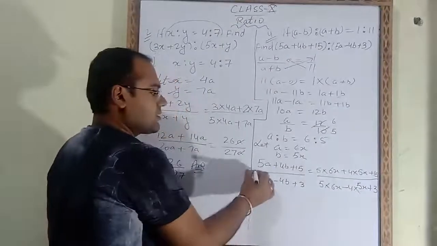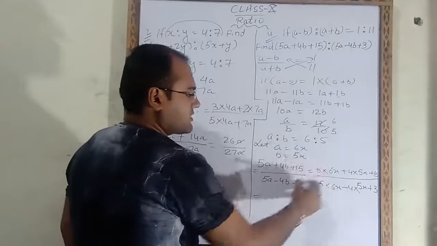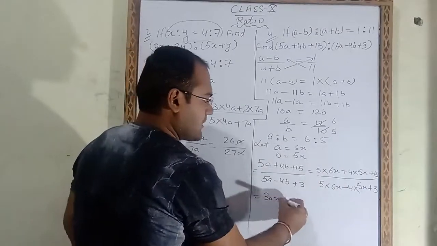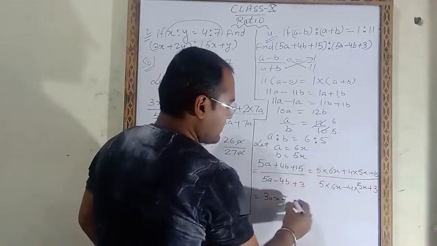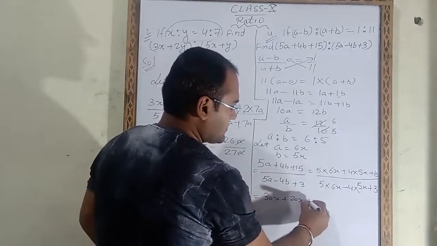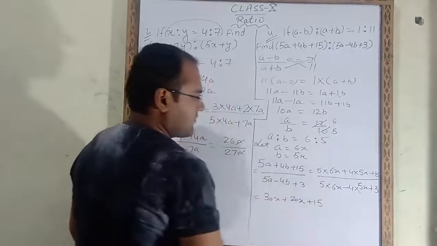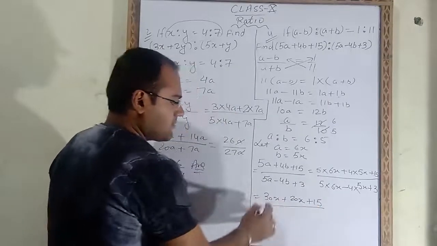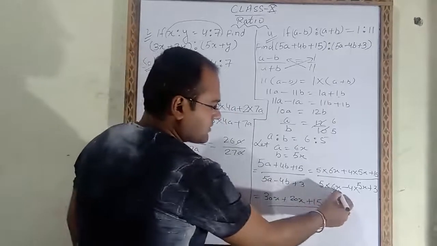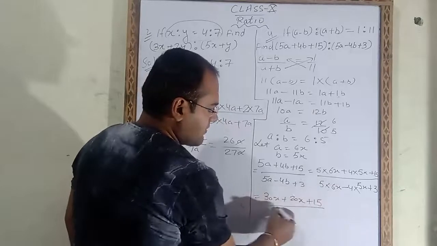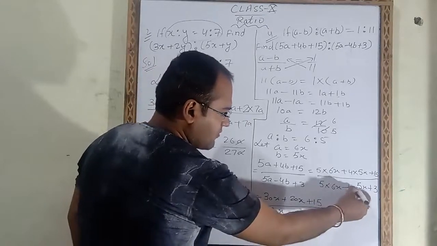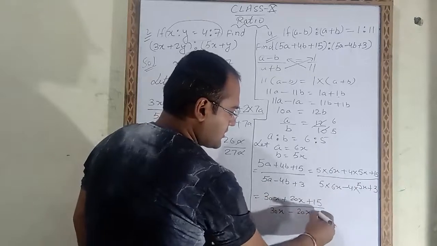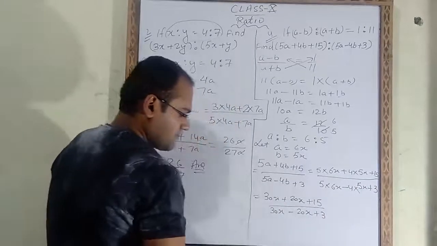Now 5 into 6x is 30x plus 5x into 4 will be 20x plus 15 upon 6 into 5x is 30x minus 5 into 4x is 20x plus 3.